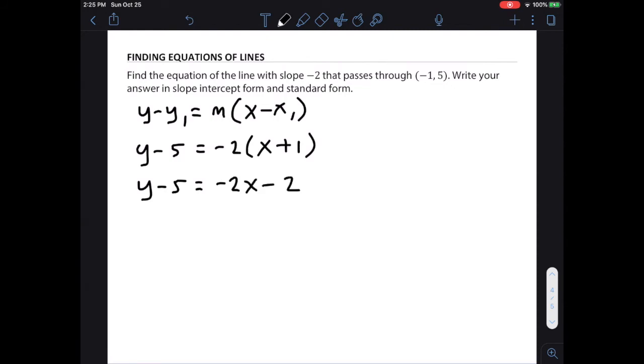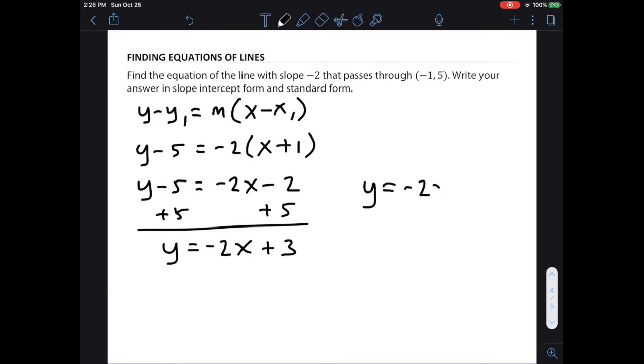And then to write it in slope-intercept form, I'm going to add 5 to both sides. So when I add 5 to both sides, I end up with y equals -2x plus 3. So there's one answer. There's our slope-intercept form. And now to write it in standard form, all we have to do is take our slope-intercept form and move the x value to the left-hand side.